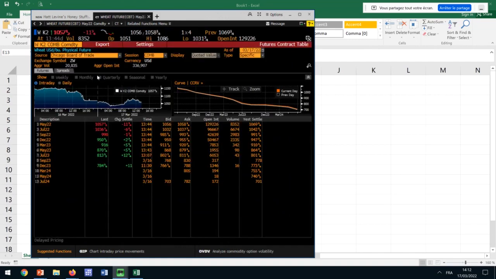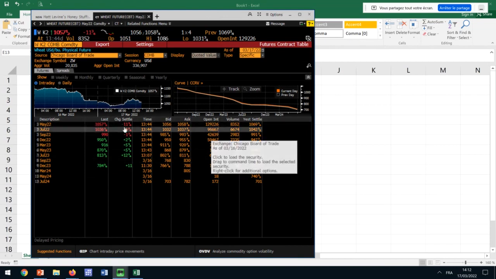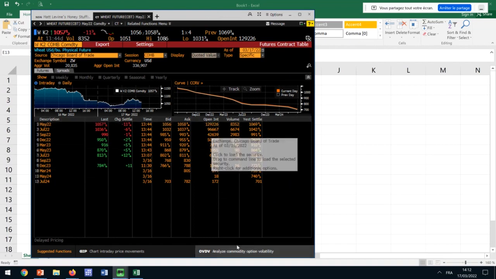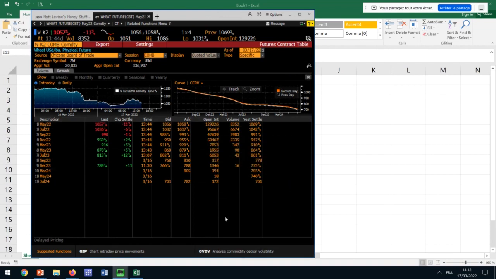So for every transaction, if I buy a new one, a new contract will be created. The more people are interested in trading a certain delivery date, the more open interest will be outstanding. That's the first thing to understand.